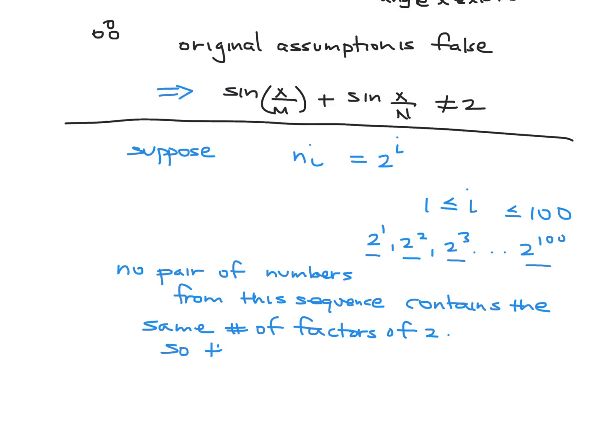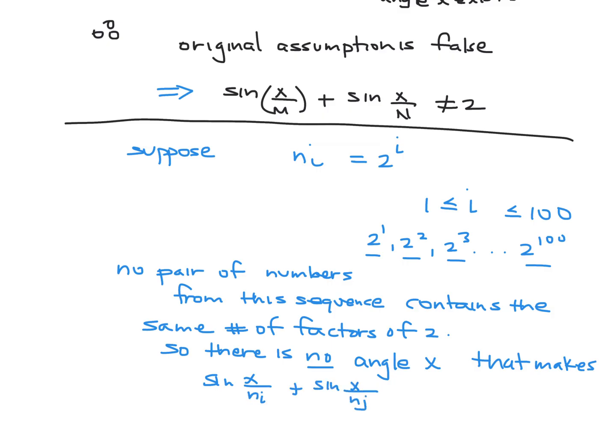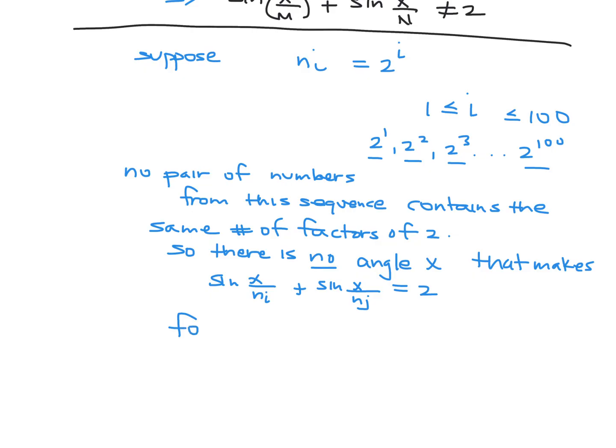So therefore there is no angle x that makes the sine of x over n_i plus the sine of x over n_j equal to 2, for any i and j within this range, where 1 is less than or equal to i, less than j, less than or equal to 100.